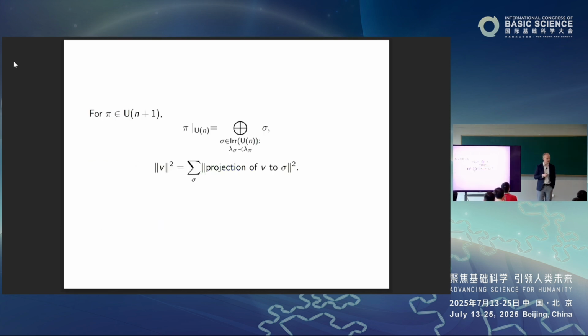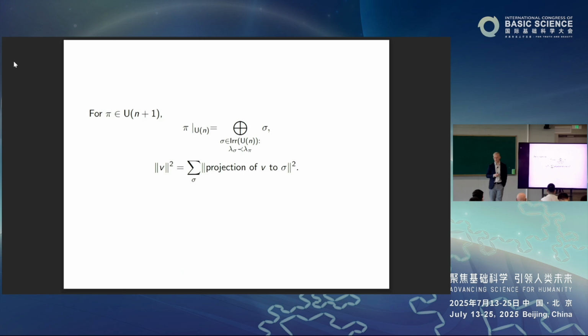Starting with something that, if you've studied representation theory, you've probably seen: the Weyl restriction formula, which has the following shape. If you take an irreducible representation of a unitary group, say U(n+1), and you restrict that representation to the next smallest unitary group, U(n), it decomposes in a completely explicit way in terms of irreducibles of the smaller unitary group. So there's an interlacing condition that the parameters need to satisfy.